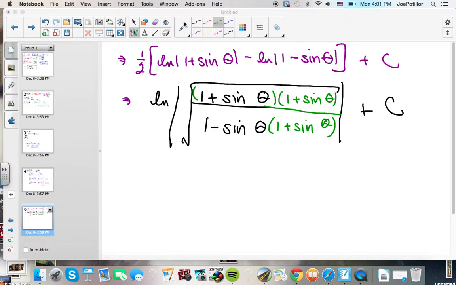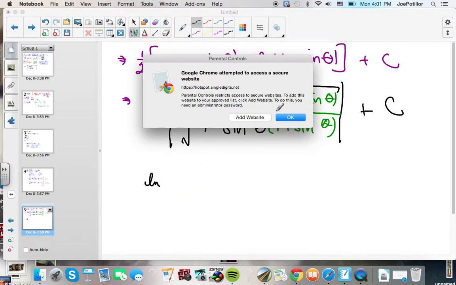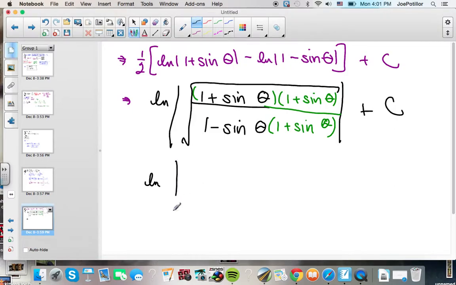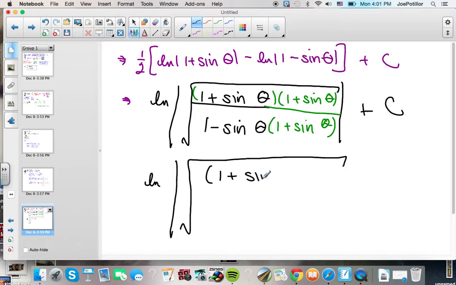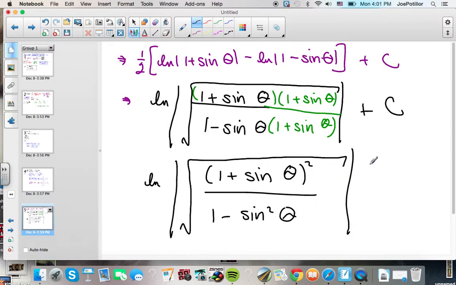And so once we've done that, this becomes ln of the square root of 1 plus sine theta, squared, over 1 minus sine squared of theta. 1 minus sine squared theta is of course cosine squared theta.